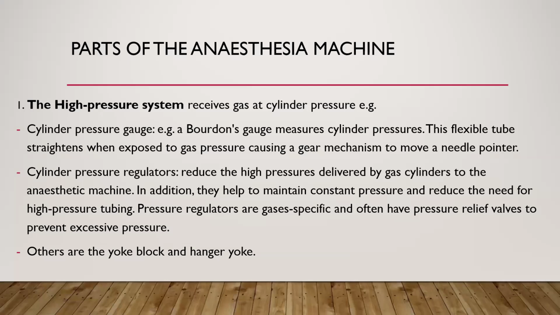So we have the cylinder pressure gauge, the Bourdon gauge, which measures cylinder pressure. We have the cylinder pressure regulators, whose duty is to reduce the high pressure it receives before it is delivered to the anesthetic machine. Others are the yoke block and the hanger yoke. We're going to look at each of them as time permits.